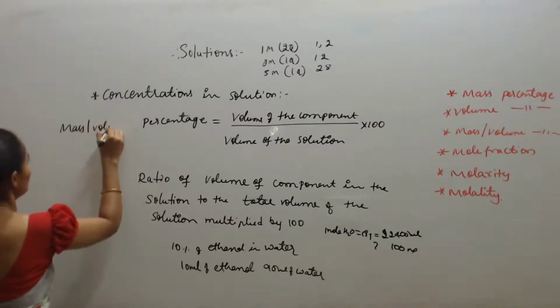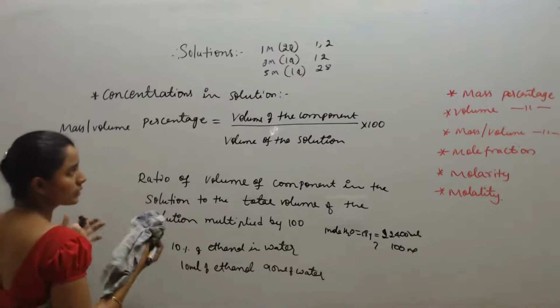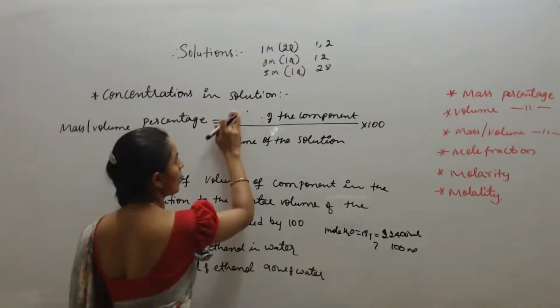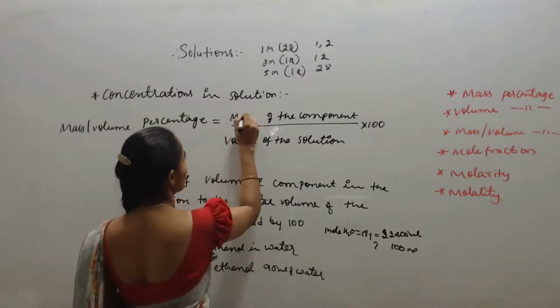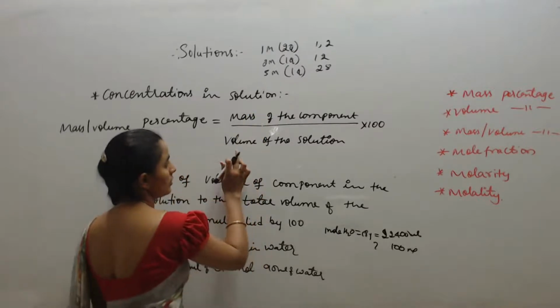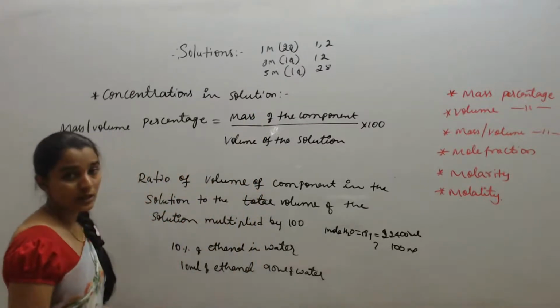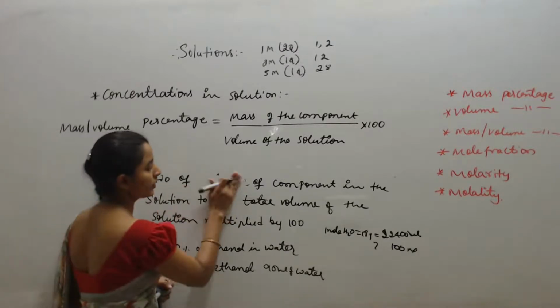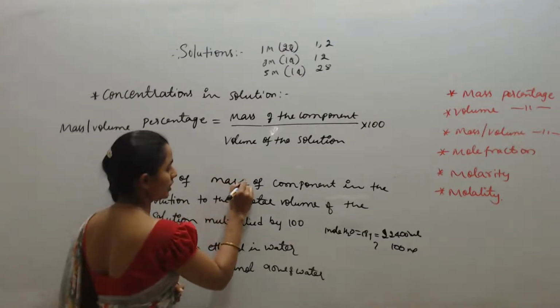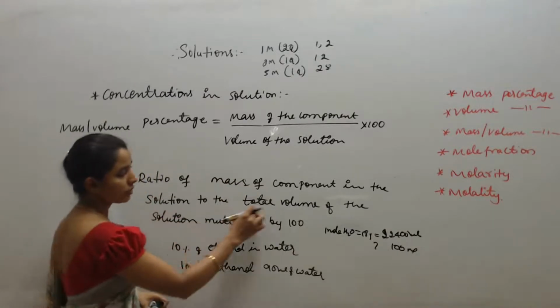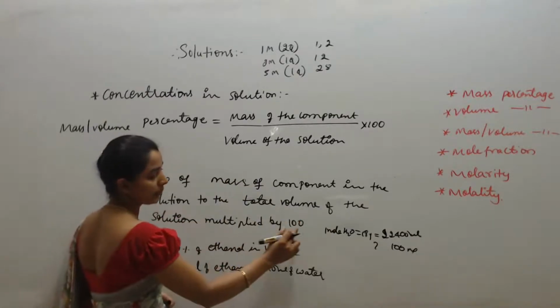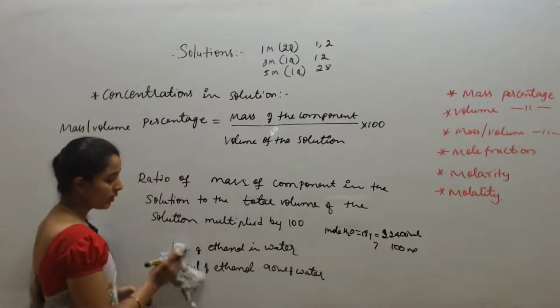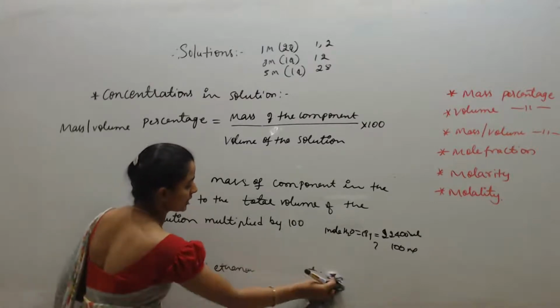Mass volume percentage. What is the difference here? It is mass of the component present in the solution to the volume of the solution into 100. So it is the ratio of the mass of the component in the solution to the total volume of the solution multiplied by 100. That is called mass volume percentage.